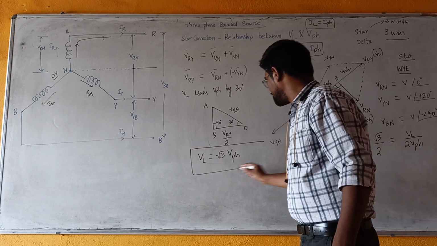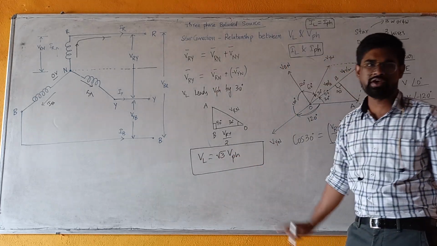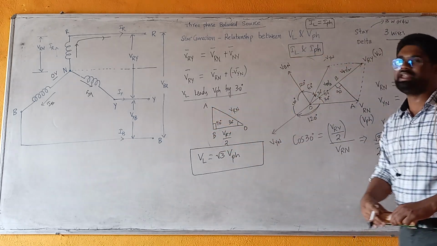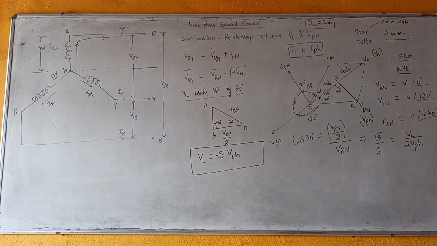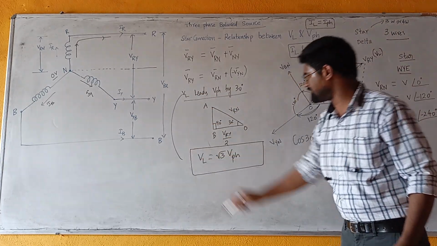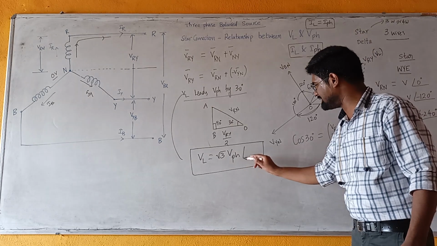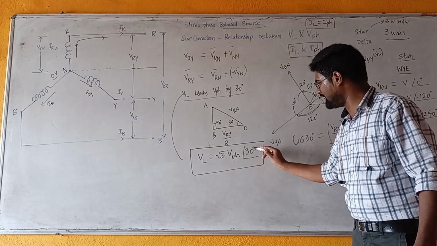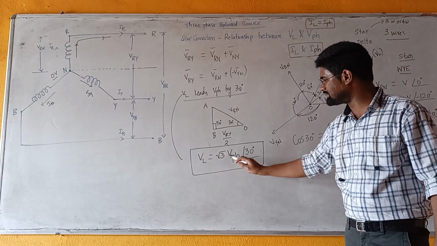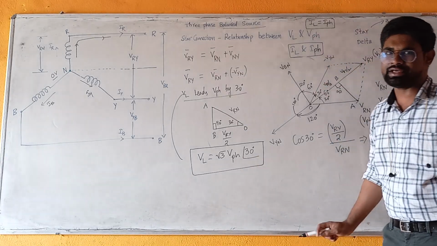VL is equal to root 3 times the phase voltage, and also we have that line voltage leads the phase voltage by 30 degrees, which means we can combine these two relations and finalize it as: line voltage is equal to root 3 times phase voltage and leads the phase voltage by 30 degrees.